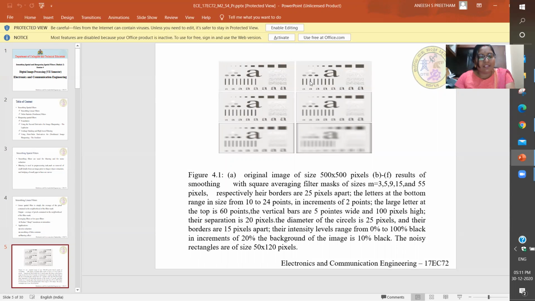For m equal to 3, we note a general slight blurring throughout the entire image. But as expected, details that are of approximately the same size as the filter mask are affected considerably more.